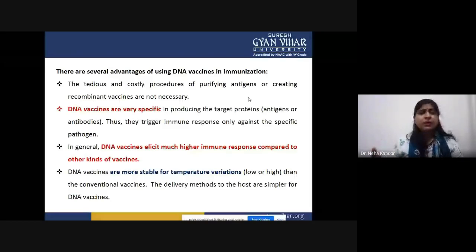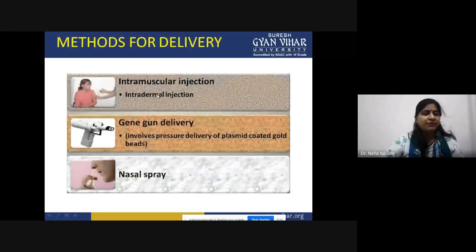They trigger the specific immune response against a specific pathogen, and the response rate is quite high as compared to other kinds of vaccines. DNA vaccines are also found to be quite stable, whether at low or high temperature, rather than conventional vaccines. So these are the methods of delivery. They can be delivered by intramuscular injections, by gene gun delivery method, or by nasal spray.